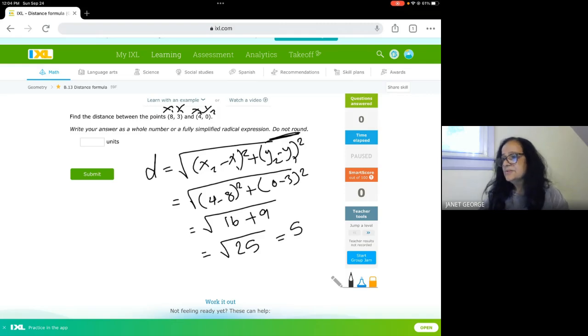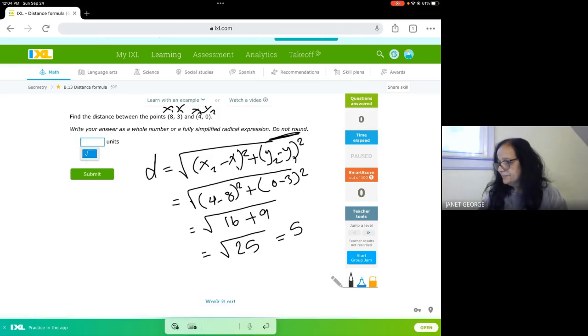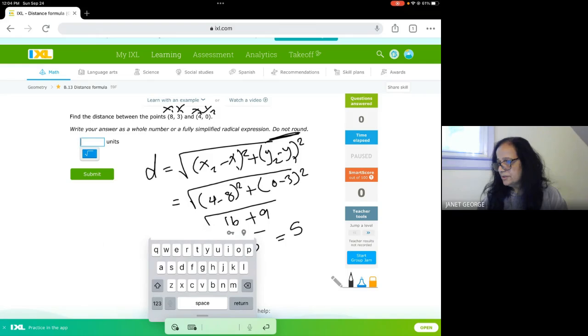So the distance between these 2 points is 5 units. Okay, so you just place 5 units in here. So let's write 5 right here and submit.